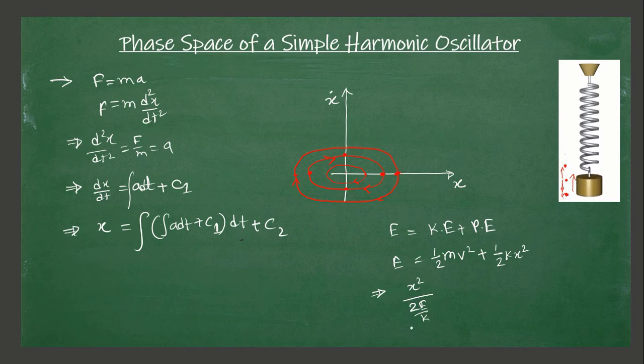How do we get this? You just divide this quantity by E and rewrite it. You get this thing plus v squared over 2 times E divided by the mass.